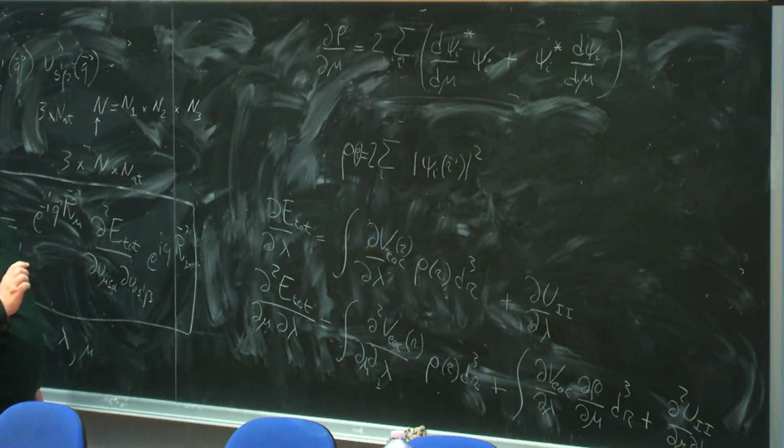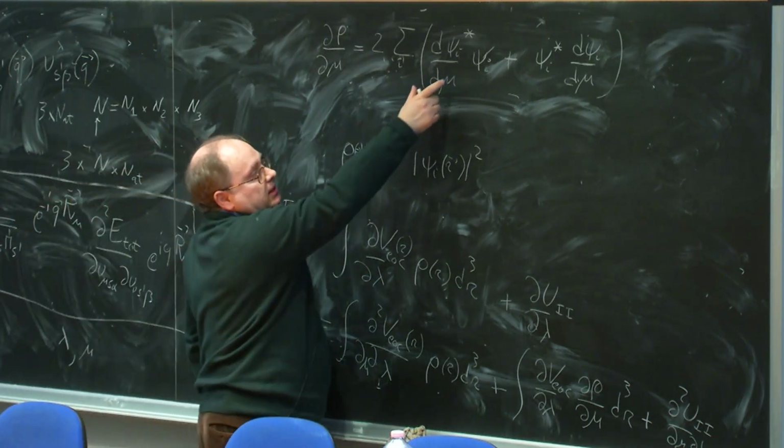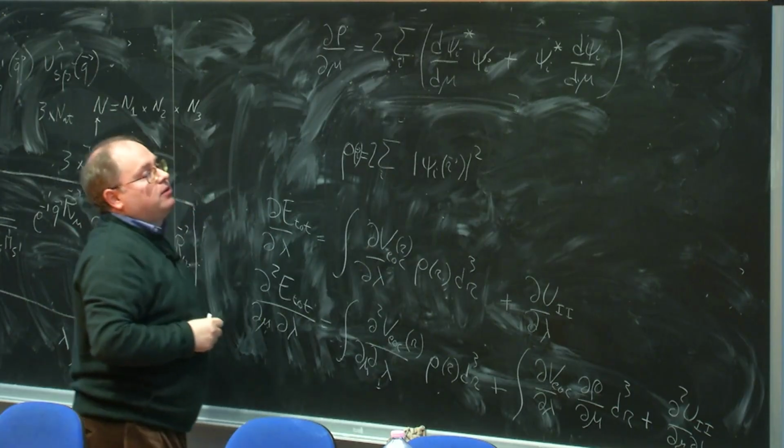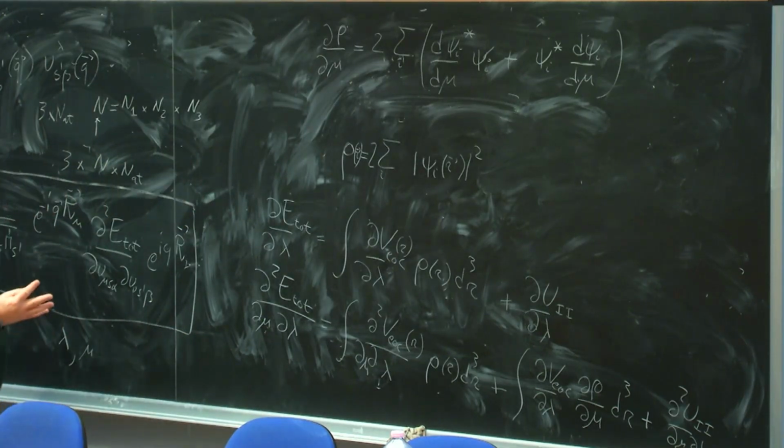So basically the ingredient that we need is the change of the wave functions with respect to a parameter mu. And this is an ingredient that is not in the self-consistent calculation. It's a new ingredient that we have to find a way to calculate.